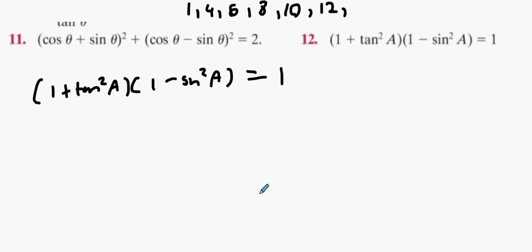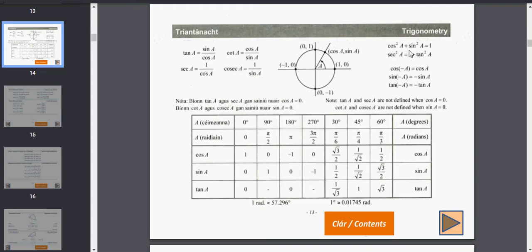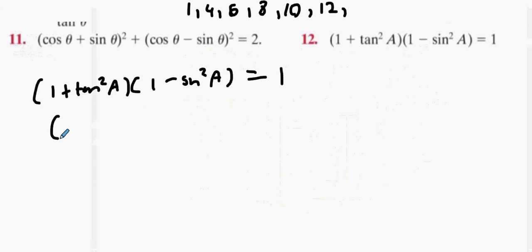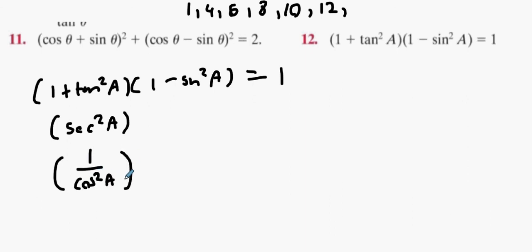We go to my notes here. There it is. 1 plus tan squared a is secant squared a. So I'm going to change this outright for secant squared a. And I know secant squared a is the same thing as 1 over cos squared a. Likewise, 1 minus sine squared a, I know that to be cos squared a.